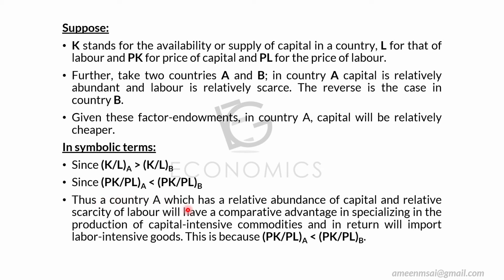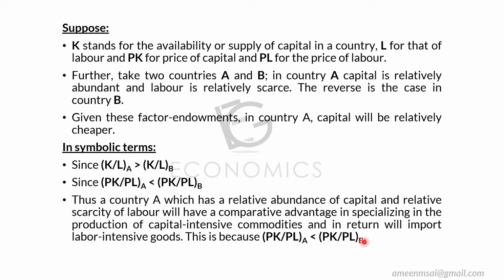Thus, country A, which has a relative abundance of capital and relative scarcity of labor, will have a comparative advantage in specializing in the production of capital intensive commodities, and in return will import labor intensive goods. This is because, as we said, PK by PL of country A is less than PK by PL of country B. So in country A, there is a relative abundance of capital and a scarcity of labor.